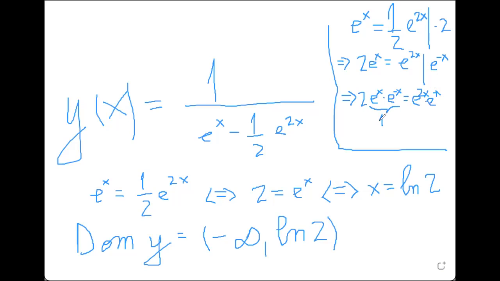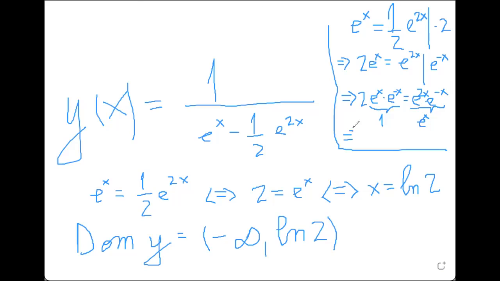E to the x times e to the minus x gives 1, and e to the 2x times e to the minus x here gives e to the x. 2 times 1 is 1. E to the x is itself.